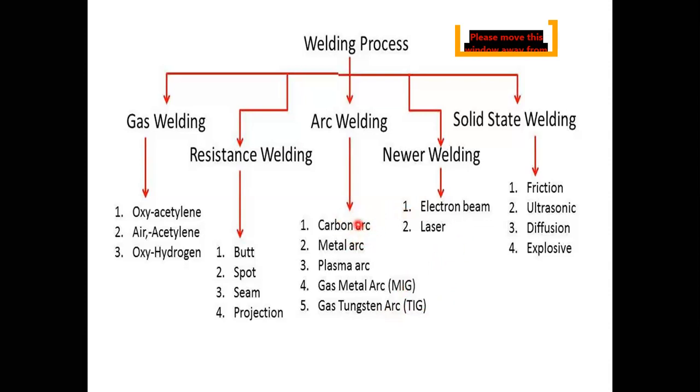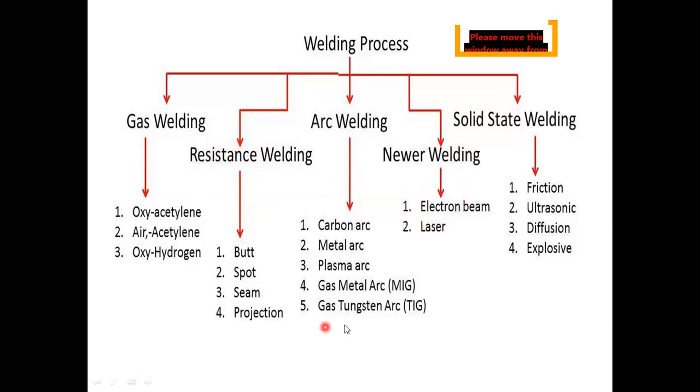Another welding is resistance welding, which means it is done by resistance. If the resistance creates temperature, then it will melt the filler material or the metal. This includes butt welding, spot welding, seam welding, and projection welding.